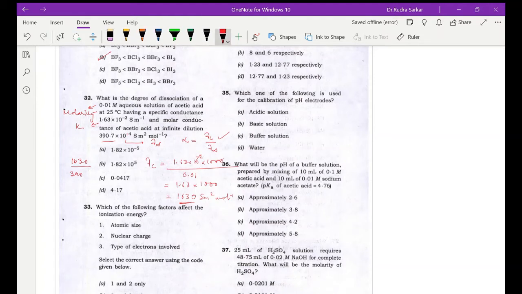It should be minus only. This minus 4. So let's calculate. We will get 163 divided by, let's say, 39.